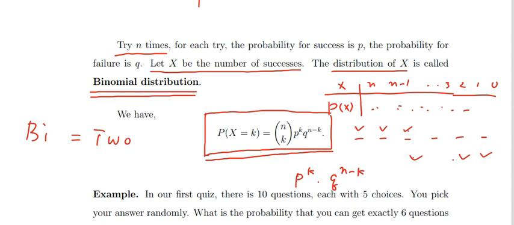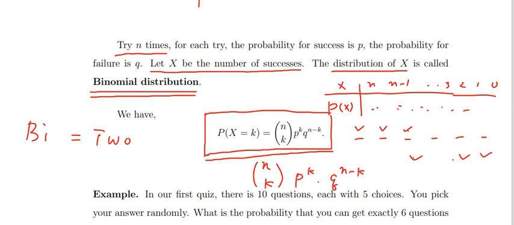So how many such cases are there? It equals the number of ways to pick k positions from n positions. For those k positions, we put successes, and the other n minus k positions are failures. So we have so many ways to pick k positions from n.